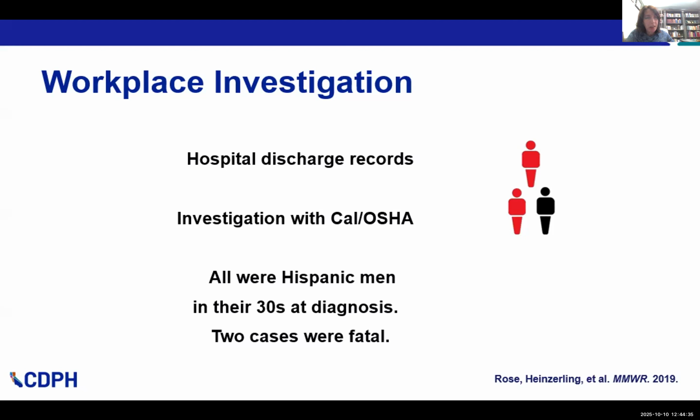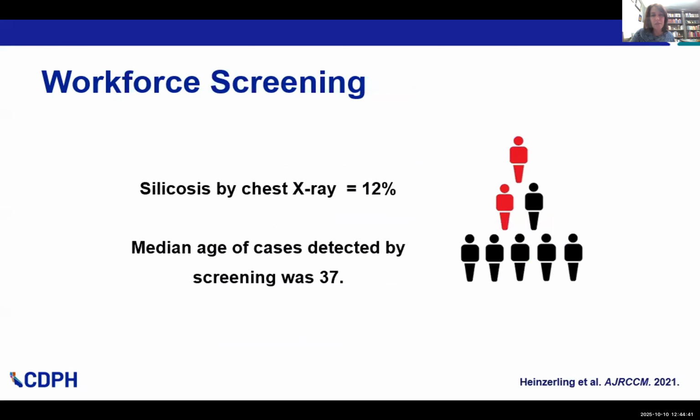And so then Cal OSHA had the employer conduct chest X-ray screening of the remaining workforce, and found an additional 5 cases for a silicosis prevalence among the current workforce of 12%. And the median age of cases detected by screening was just 37.